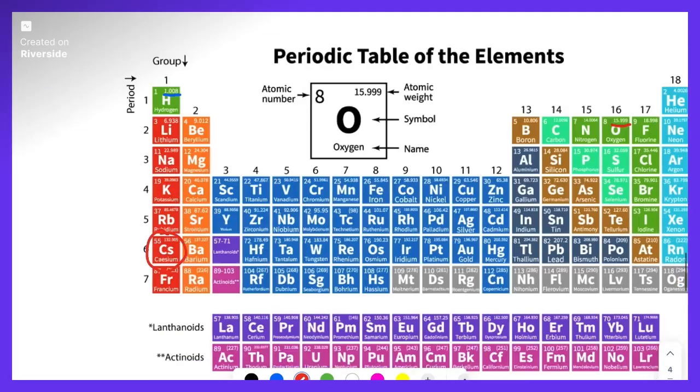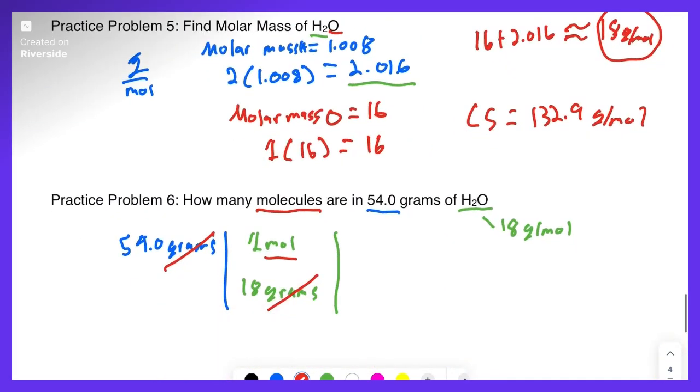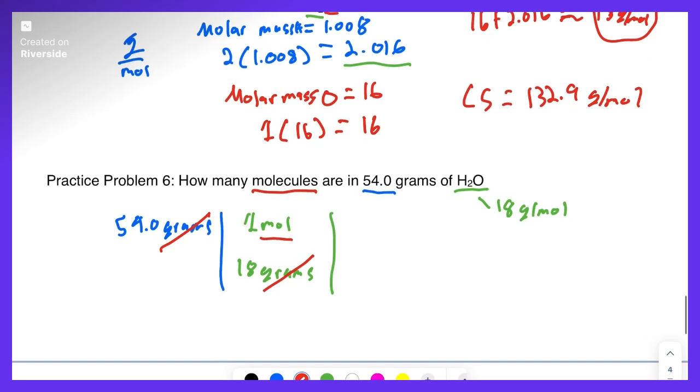So if we have 1 mole of something, that's 6.022 times 10 to the 23 of anything. So we can use that logic for molecules, right? 1 mole of molecules has 6.022 times 10 to the 23. So if we write that down, we have 6.022 times 10 to the 23 molecules.